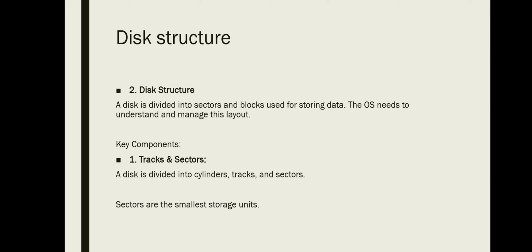So there are key components of this. The first one is tracks and sectors. A track is a concentric circle on the surface of each platter where the data is stored. A disk is divided into cylinders, tracks, and sectors. Sectors are the smallest storage unit.